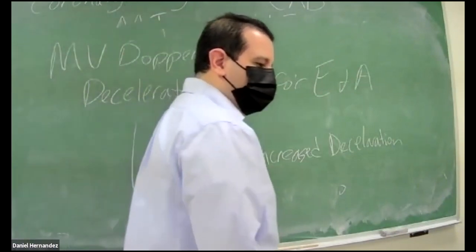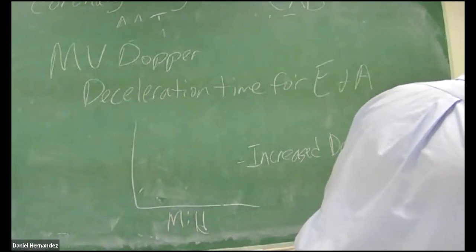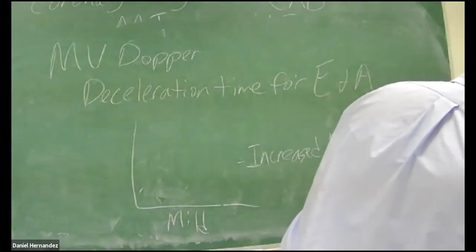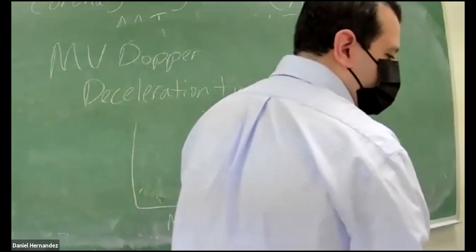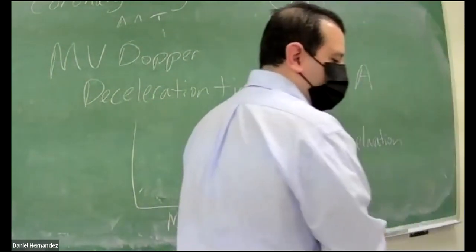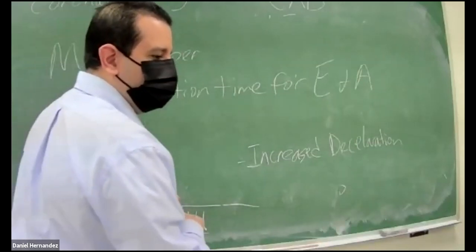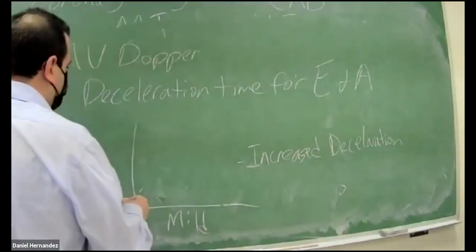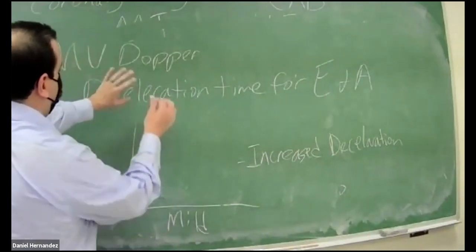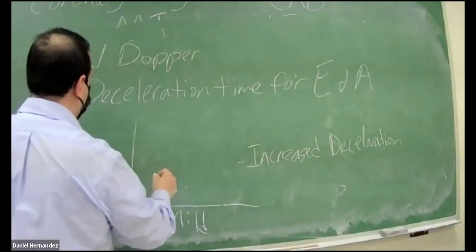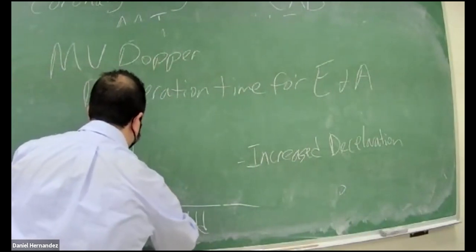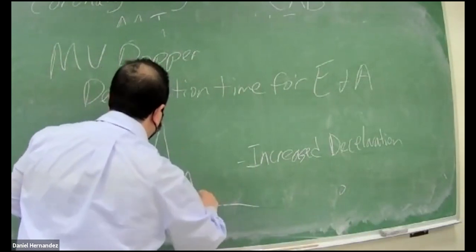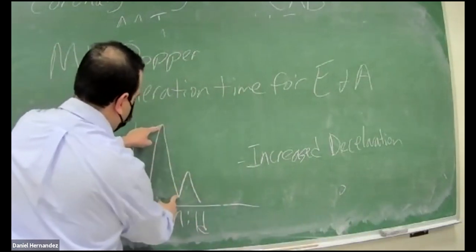When you start moving into grade 2, and when you start moving into pseudo-normalization and then the severe diastolic dysfunction, you start winding up with decreased deceleration times. The pseudo-normal can be close to that normal deceleration time. But when you get into severe, you're going to have a very short deceleration time between those two peaks.